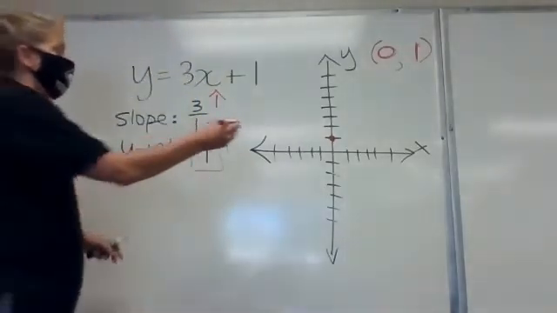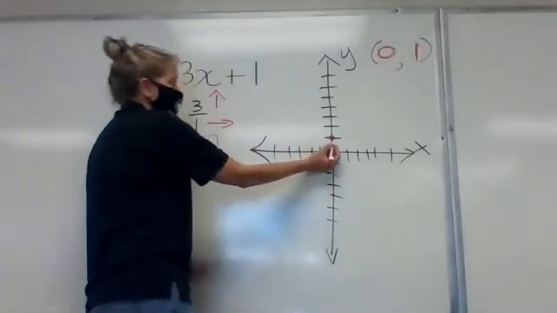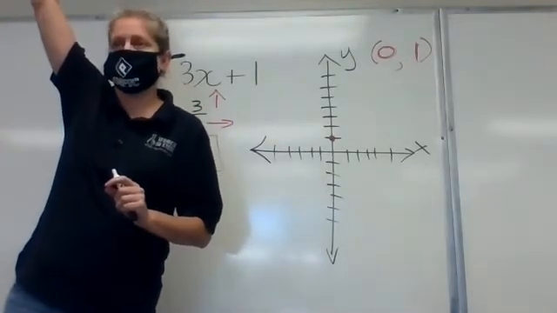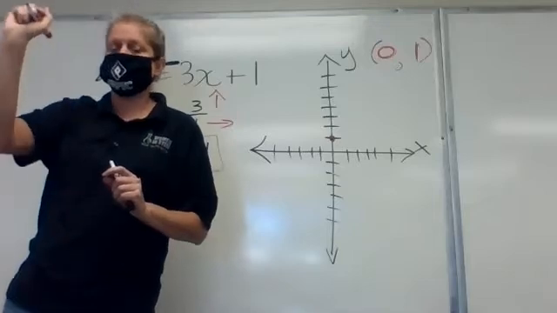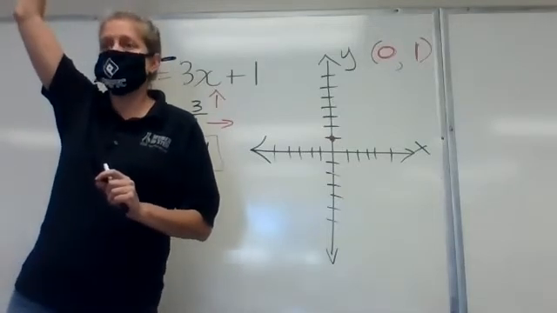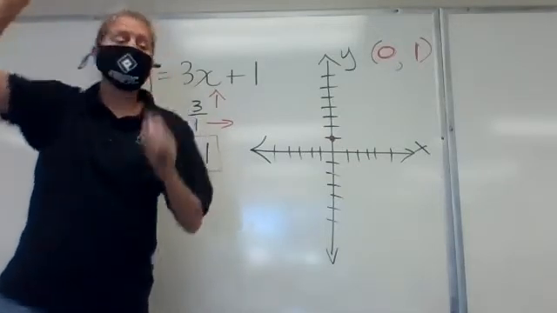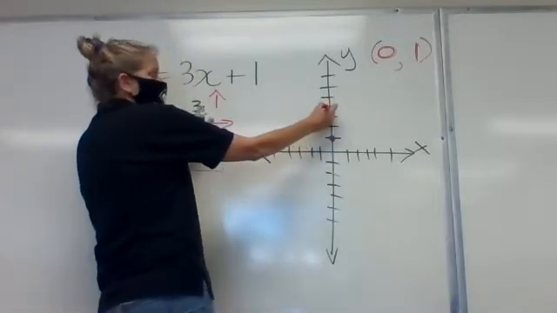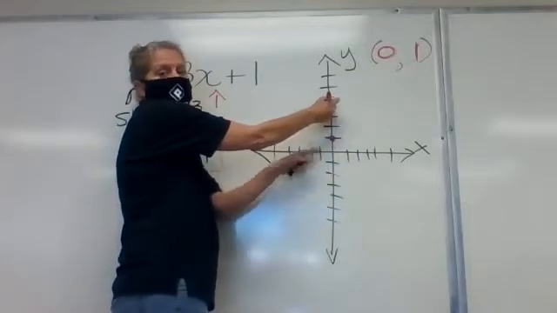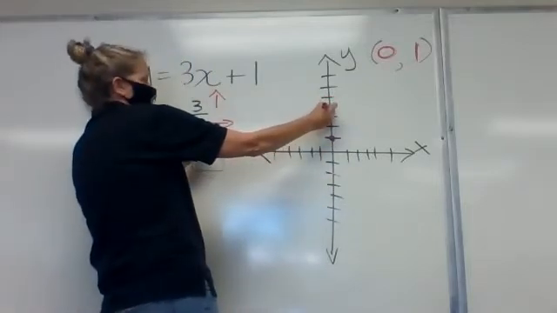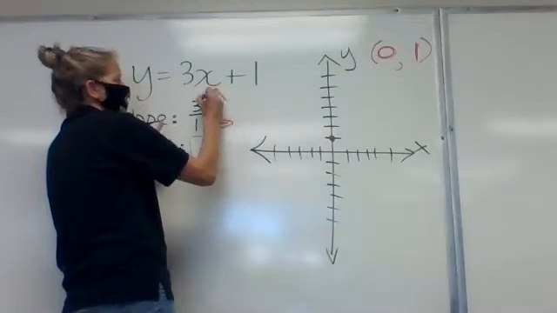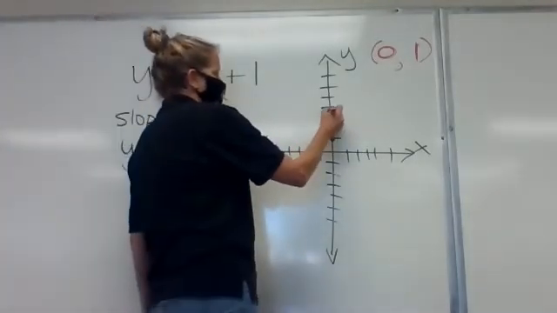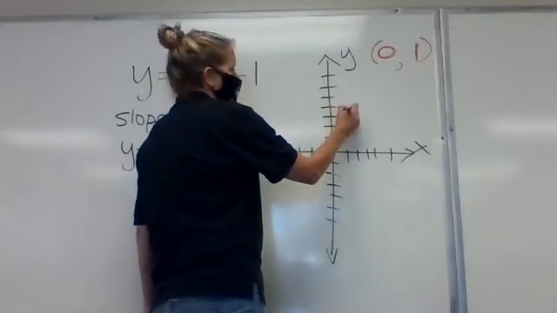So if you start at 1 and you go up 3 more, where should you end up? You should be on the 4, right? If I start here and go up 1, 2, 3, then I'm actually at 4. Don't put a point there. You got to do this move and this move. So I'm going to rise 1, 2, 3, and then I'm going to run to the right 1.